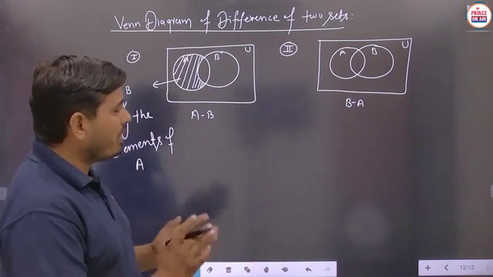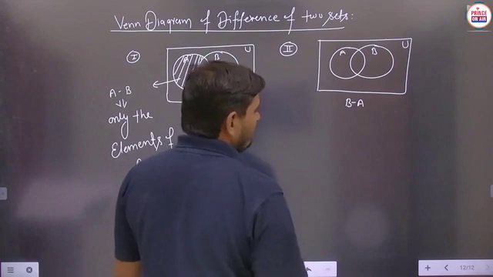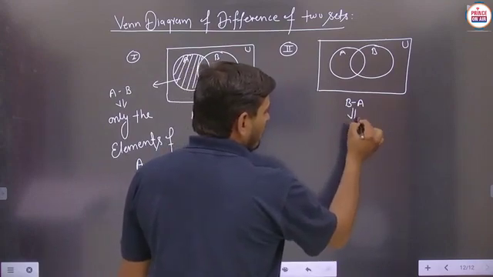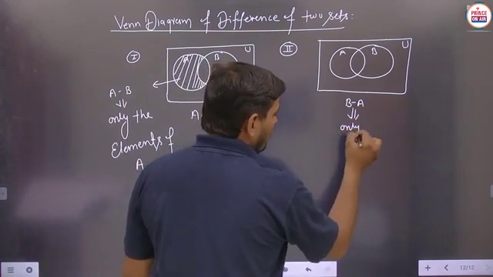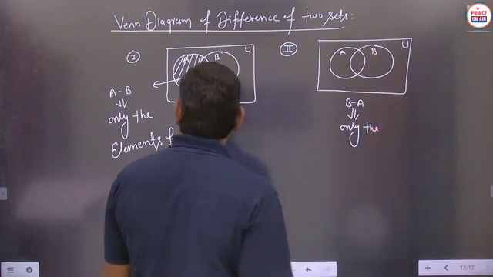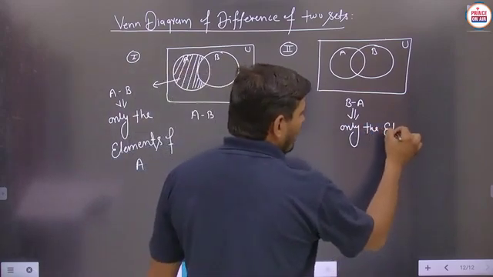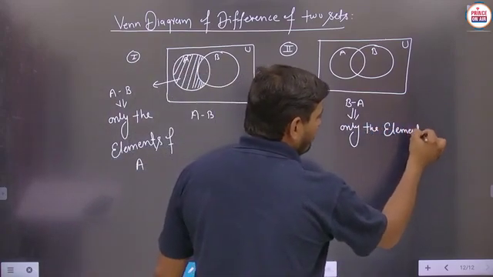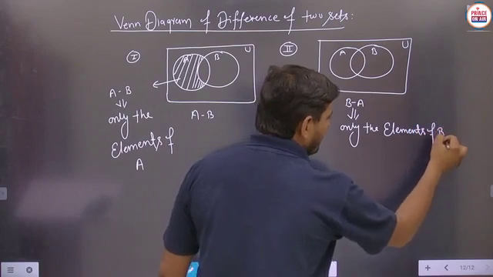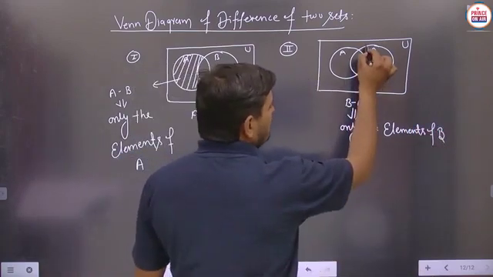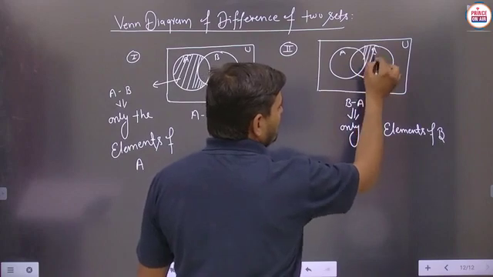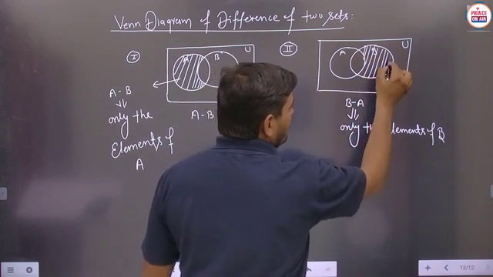So B minus A means only the elements of B are to be written. Is it clear? So we have to just see this particular region.